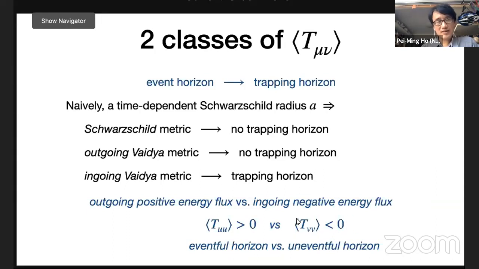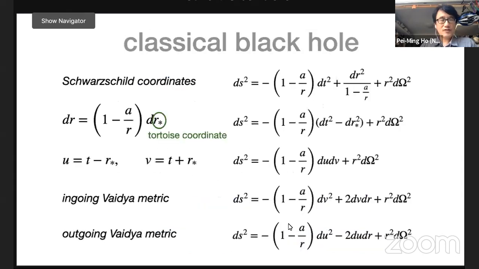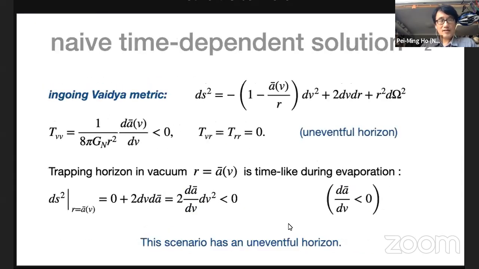At large distances, you assume you have Hawking radiation, so you would have an outgoing energy flux. But around the horizon, for the sake of energy conservation, you can have either case. The geometry for the two different cases is very different.